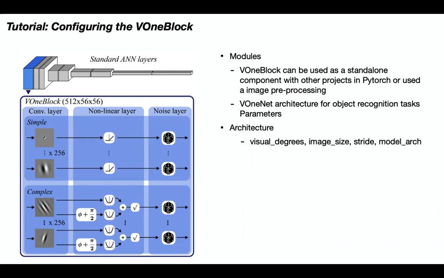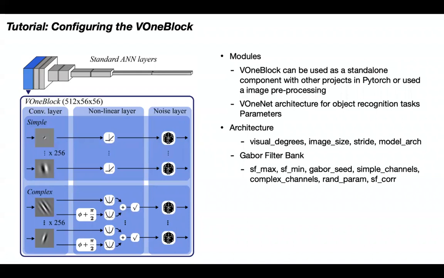If you want to add one after the VOne block, you can; if you just want to use the set of features of the VOne block, then you just set this parameter to none. Then the Gabor filter bank also has several different implementations. You can set a maximum of spatial frequencies of your Gabors if you want to avoid having very high acuity spatial frequencies.